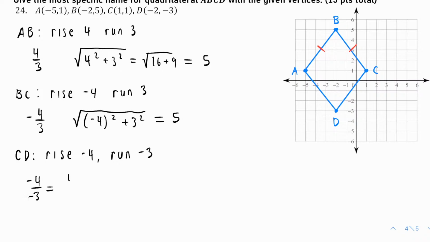Negative over a negative is a positive, so it's just 4 over 3. Hey, that's what we had up there. So we've also got a set of parallel sides. And again, if we do square root of my rise squared plus my run squared, your calculator would tell you that you get 5. So hey, another congruent side.